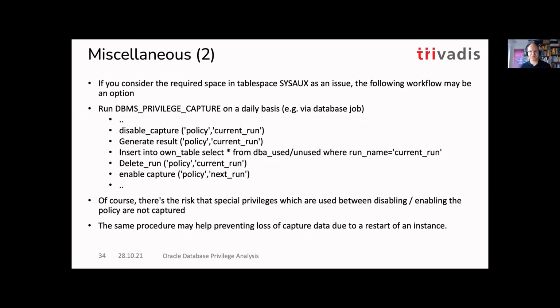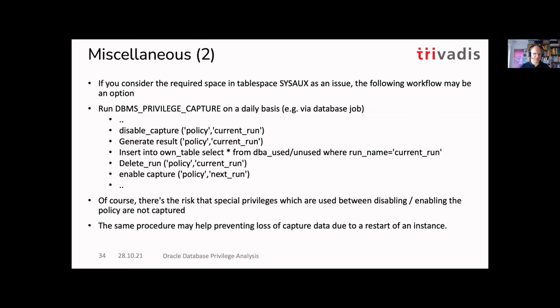So as everything is stored in this sysaux tablespace, in some projects I chose the following workflow: we do daily runs of this capture, and using a database job somewhere around midnight, for example, you disable the capture, generate results, and then you move the data out of the sysaux tablespace into your own tables.